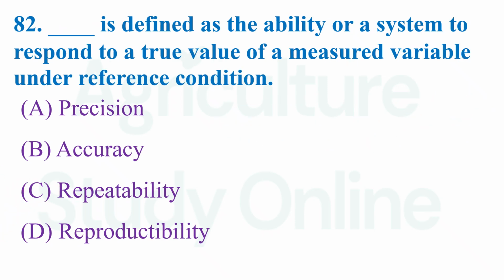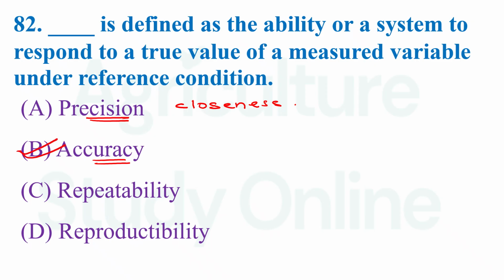Question 82. Dash is defined as the ability of a system to respond to a true value of a measured variable under reference condition. First one is precision. So precision, basically it is the closeness of repeated measurements to each other. Accuracy, it's the closeness of measured value to its true value.